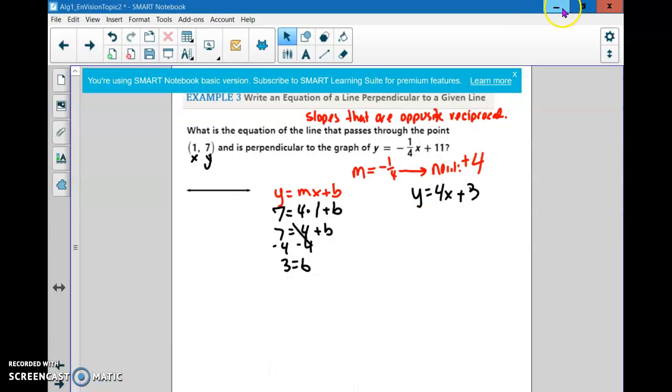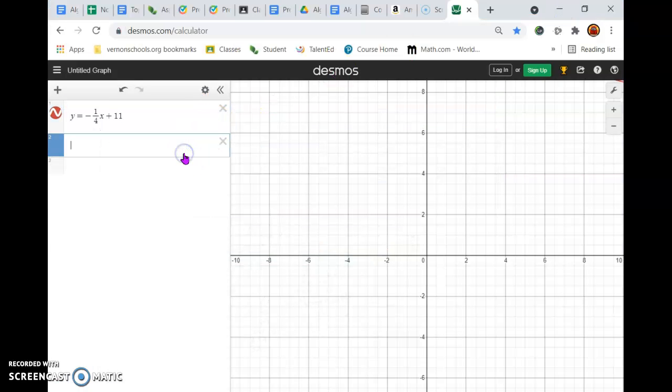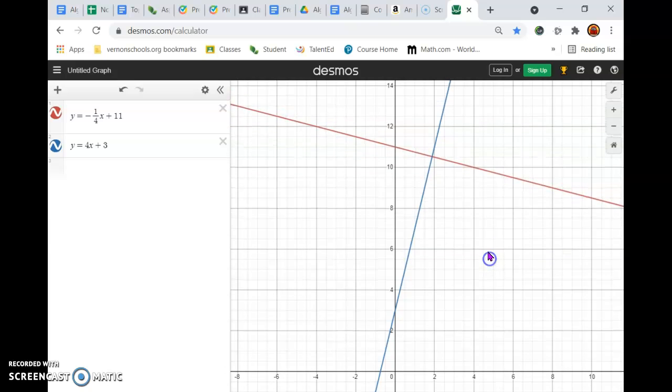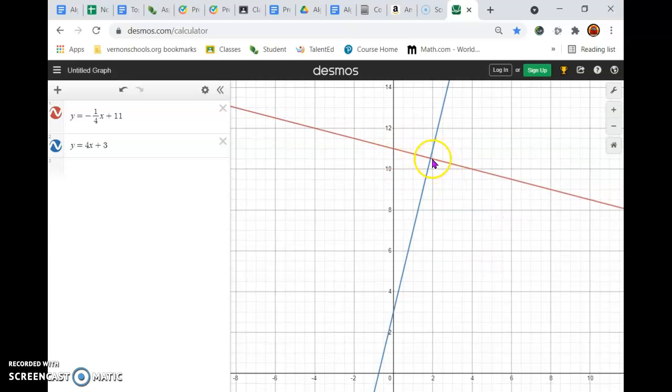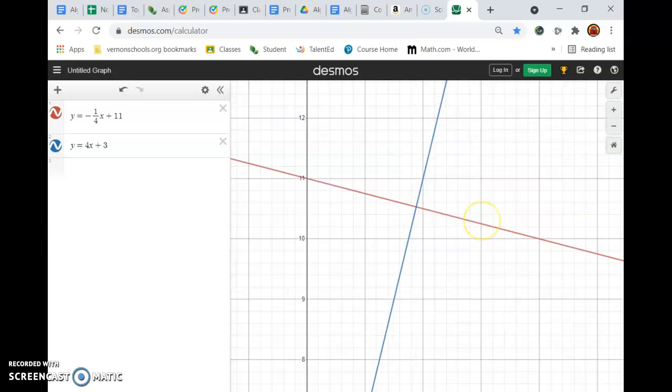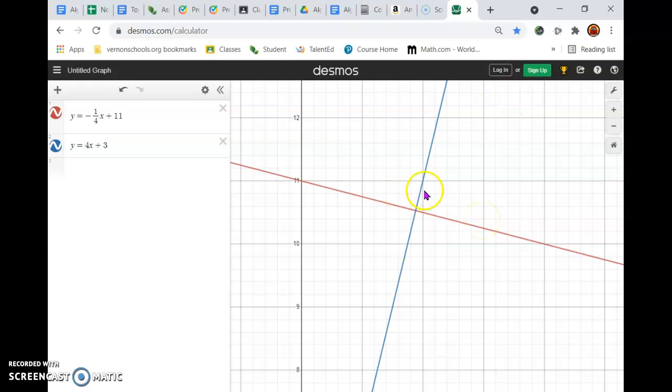Yep. And our new line was 4x plus 3. All right, and obviously I don't see my red line because it goes through 11, so it's kind of high. And they do intersect, so they're not parallel. And that does look like a 90-degree angle.